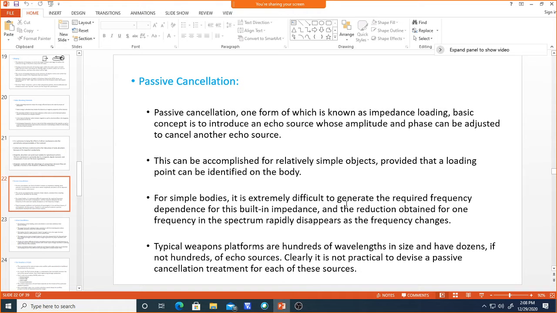So for simple bodies, it is difficult to generate the required frequency dependence. The built-in impedance and the reduction obtained at one frequency in the spectrum rapidly disappear as the frequency changes.